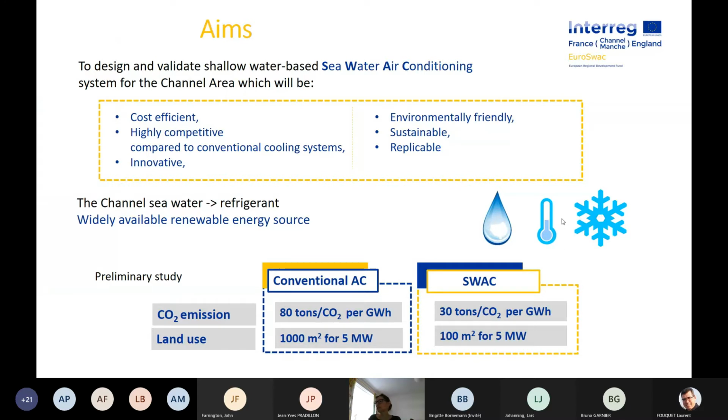So what we are trying to achieve with the seawater air conditioning SWAC system is to design and validate the system in the channel area, so it's cost efficient, competitive when you compare to conventional cooling system, is of course innovative, but also it's eco-friendly, it's sustainable and replicable at other sites.